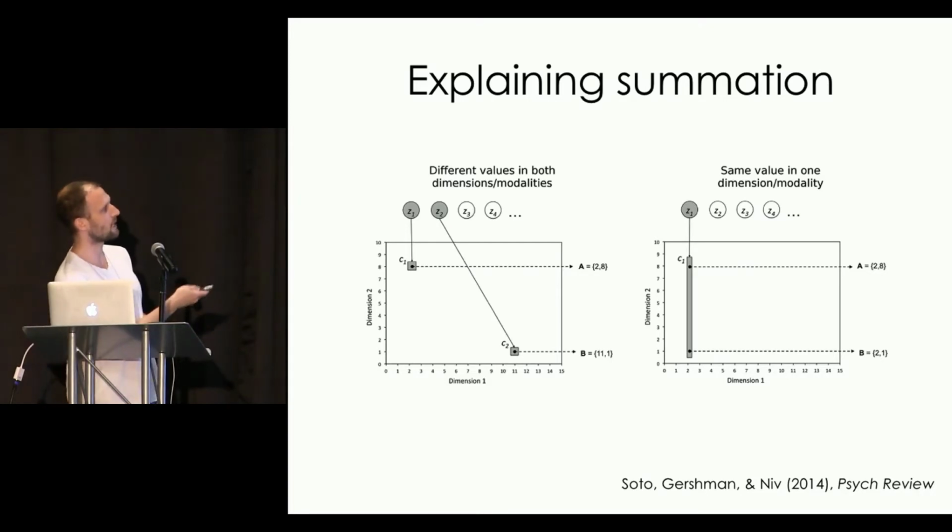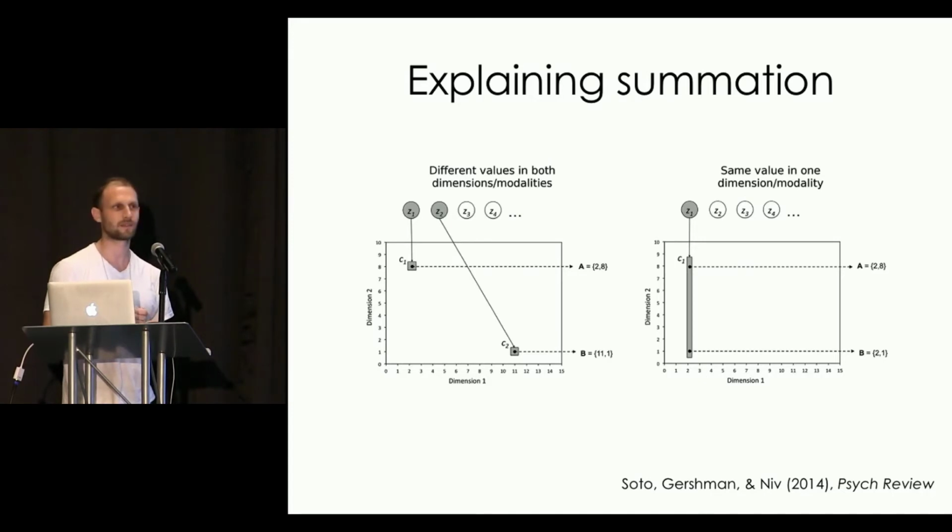Whereas when they're from the same modality, we can think about them as basically lying along a line in this space, then it's much higher probability that they were generated from a latent cause, because you can basically put a really small volume rectangle over both stimuli. Does that make sense?